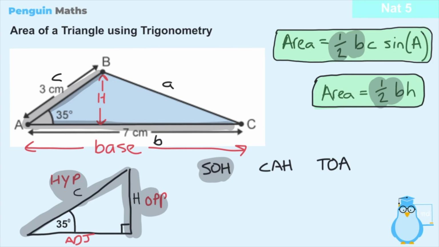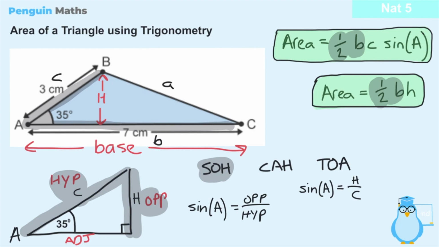And if we're to write this ratio out in full, we can say that the sine of the angle, which was A, is equal to the opposite over the hypotenuse, which would be the sine of A is equal to H over C. And then with a little bit of rearranging, what we want is H by itself, because that's what we have in this equation right here.